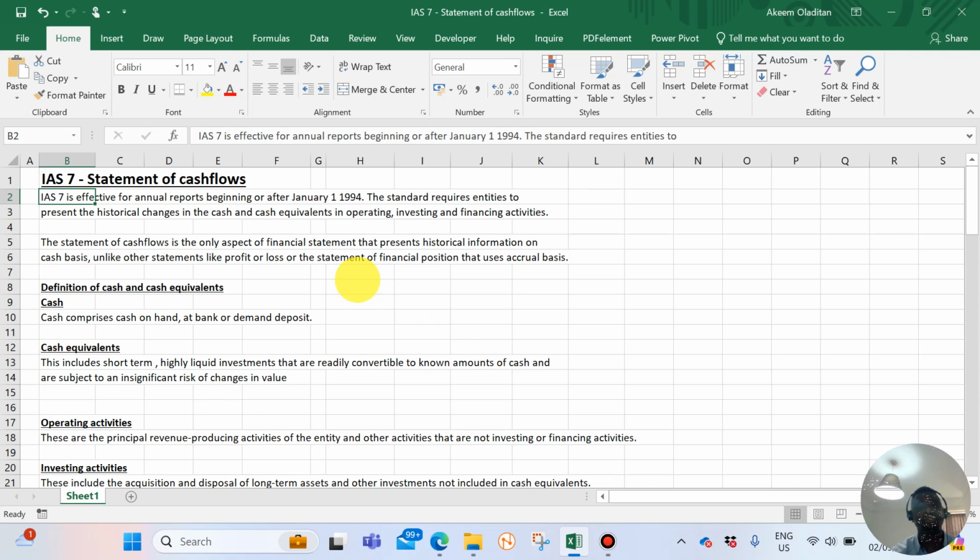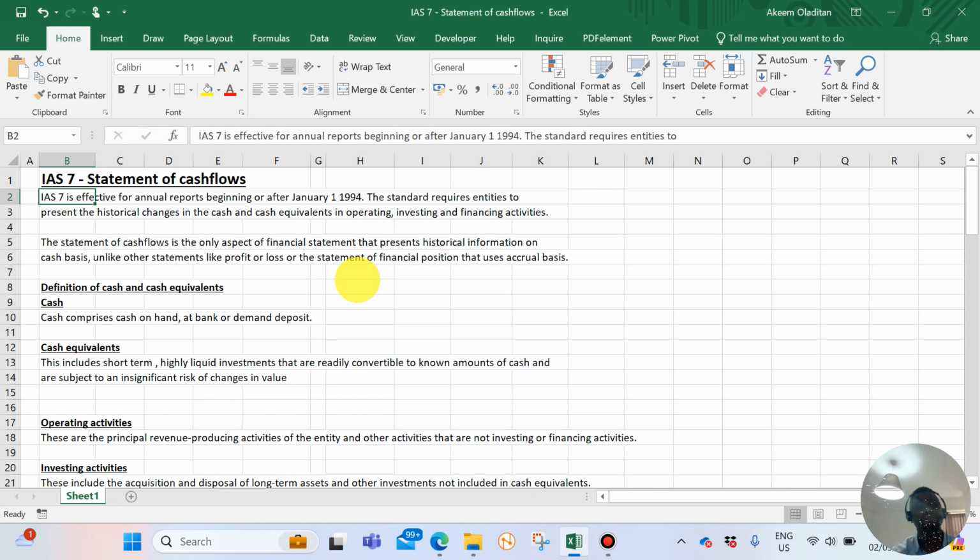But the statement of cash flows only deals with cash basis of accounting, to be able to estimate the cash that was used for operation of the business, the day-to-day running of the business, also cash that was used for financing activity, raising funds for the organization in terms of equity and shares, and loans as well.